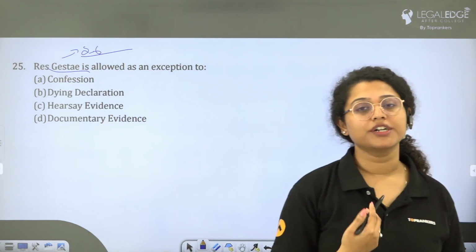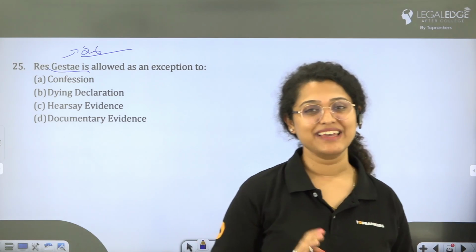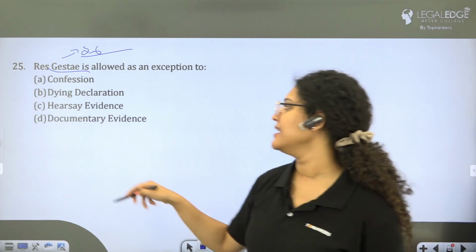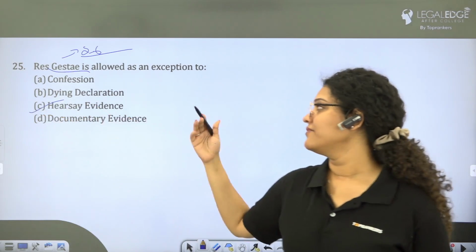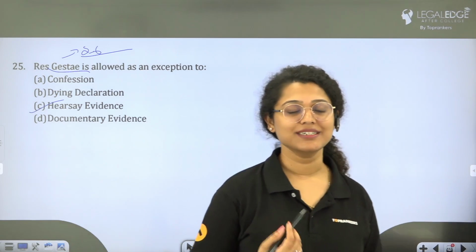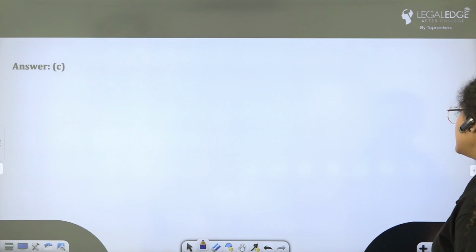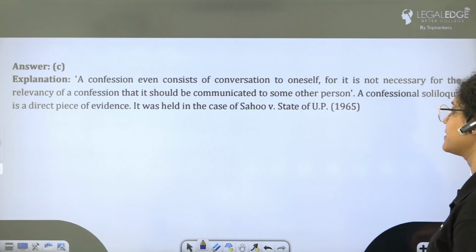It is an exception to the rule of hearsay evidence. That is your answer here. And confession and dying declaration are also exceptions to hearsay evidence. So all three of these are exceptions to hearsay evidence.